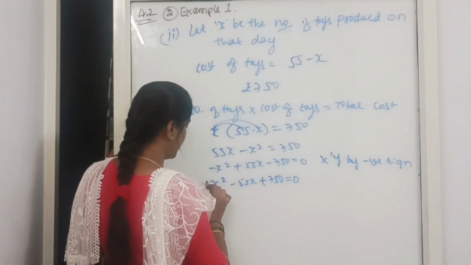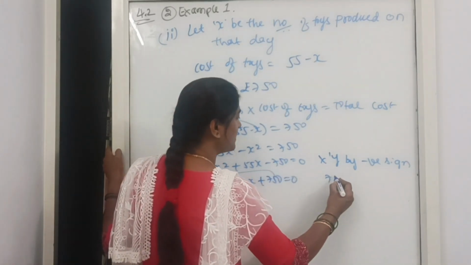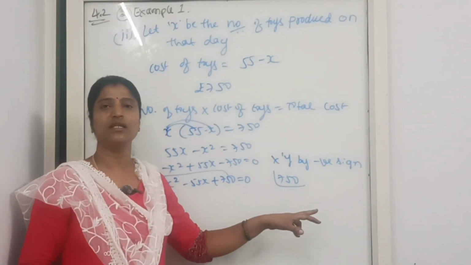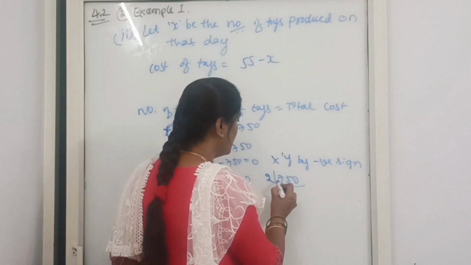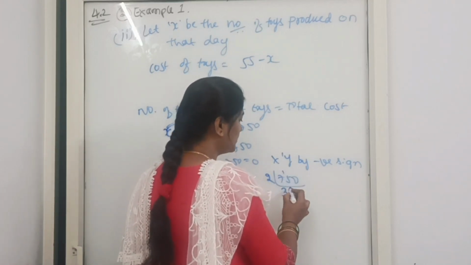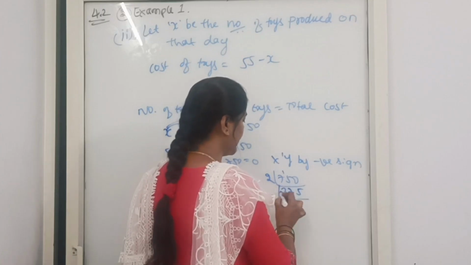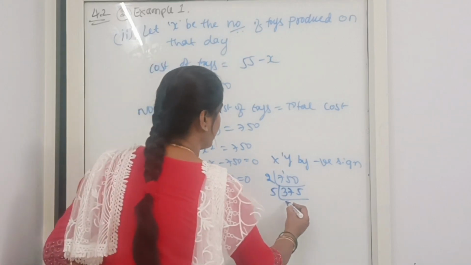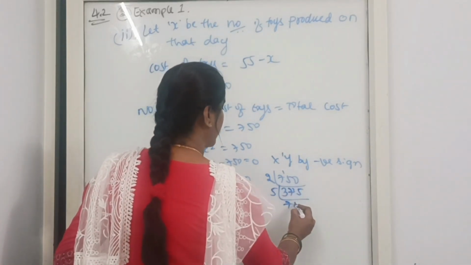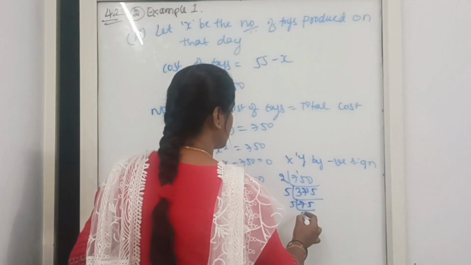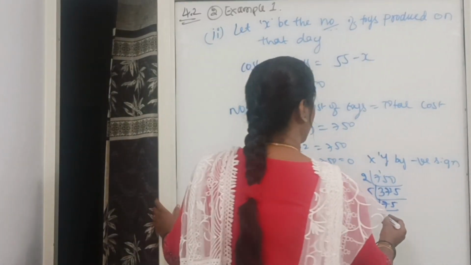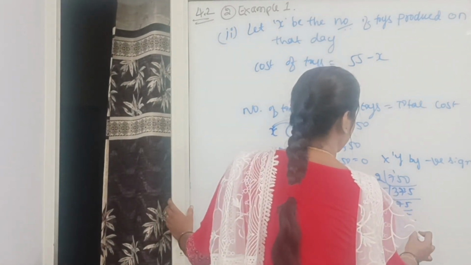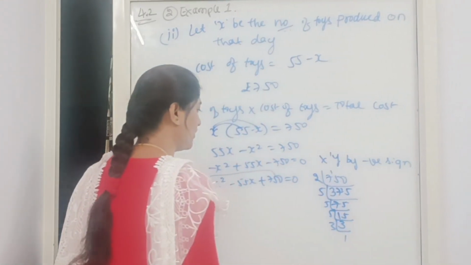So we need to multiply 1 into 750, that is 750. 750 ends with 0, so it is an even number, starts with even number. 2 3s are 6, 2 7s are 14, 2 5s are 10. Even number can't possibly go. 5 7s are 35, 5 5s are 25, 5 1s are 5, and 5 5s are 25, 5 3s are 15.